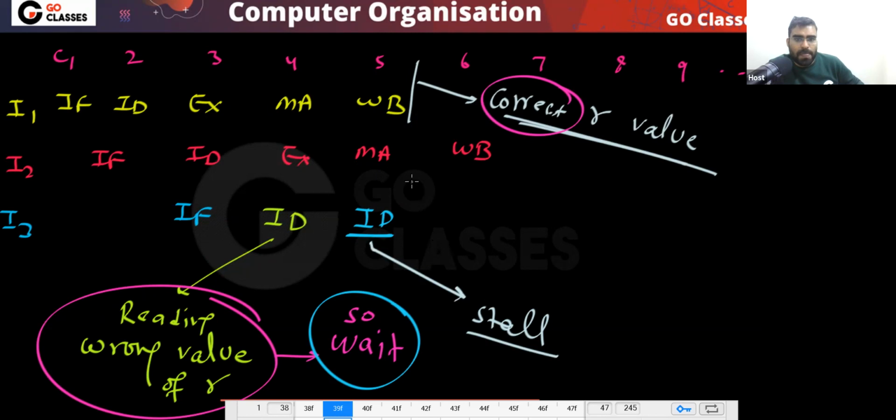Now you tell me, can I read the correct value in cycle 5? No, I cannot, because the value will be available here, and I want the value here.